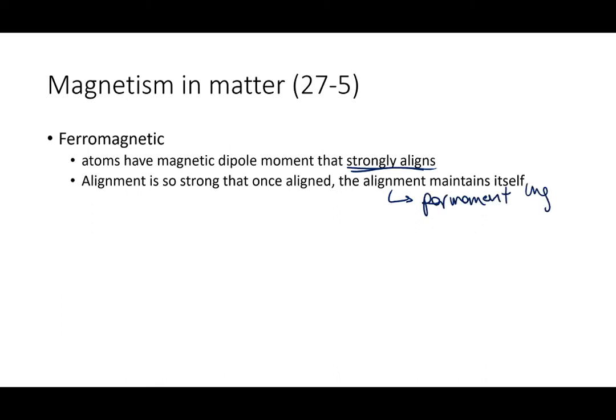Or what we think of as permanent magnets. Once we align it with some external field, it stays aligned. And then the B is way, way stronger in these material. Super strong.